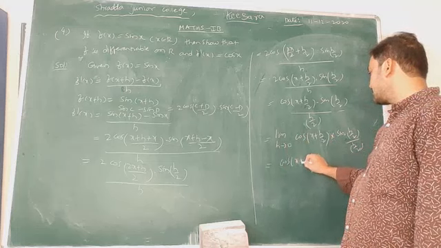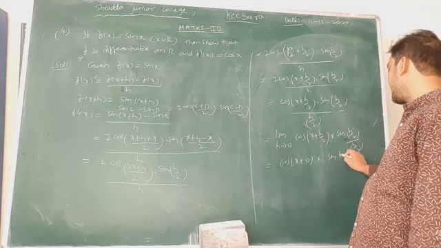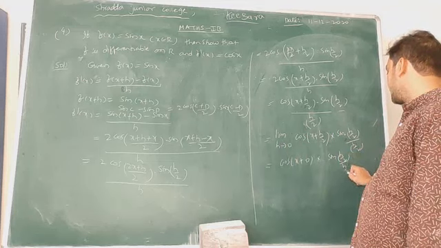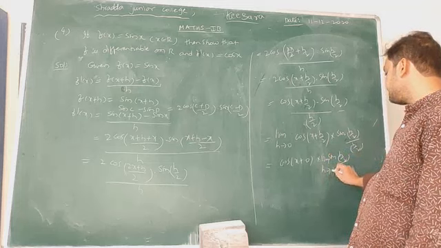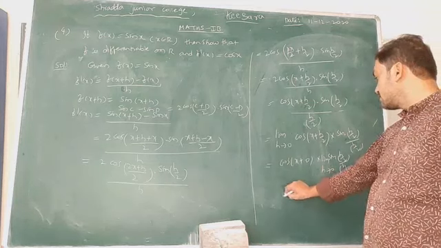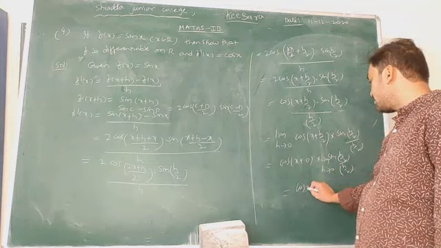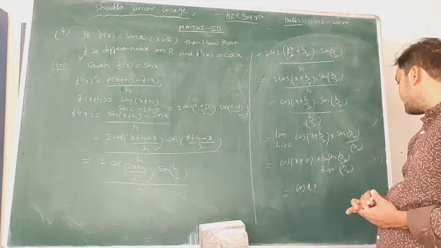Then cos of x plus 0 by 2 is nothing but cos x, into limit h tends to 0 of sin h by 2 by h by 2.